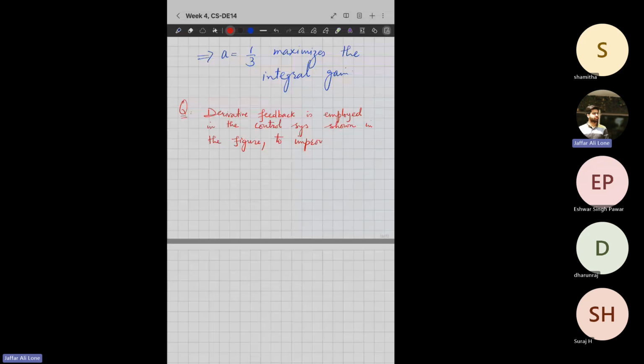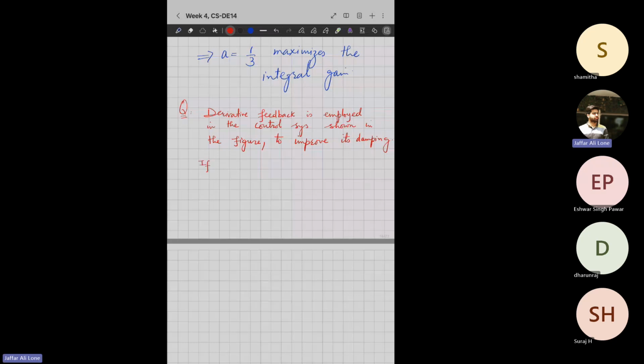So it means, why do we use derivative controllers? We use derivative controllers to improve damping. Similarly, we use PI controllers or integral controllers to improve steady state performance, because in case of proportional controllers, there is always a steady state error. So just go through the lecture and maybe you'll see the pros and cons of all the controllers.